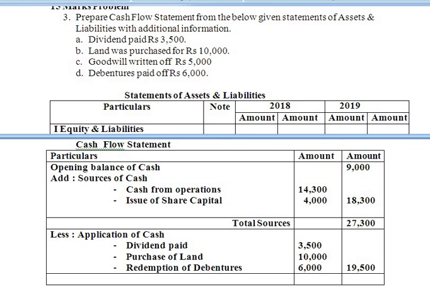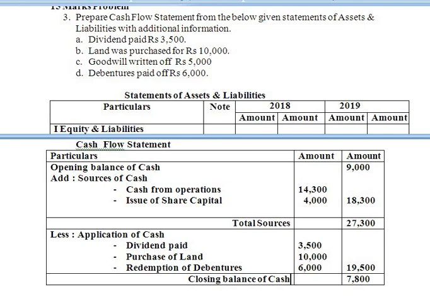From 27,300 deduct 19,500, so the balance is 7,800. Okay, so what is this 7,800? Closing balance of cash. Closing balance of cash, how much? 7,800.